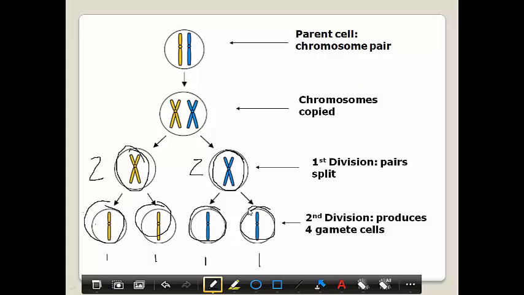Now, if this was a female doing this in her ovaries, so we started up here in the ovaries with 2 chromosomes in each one, down here these would each be an egg. So we'd have 4 eggs with 1 chromosome in each, ready for reproduction.